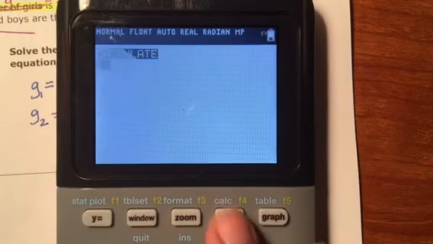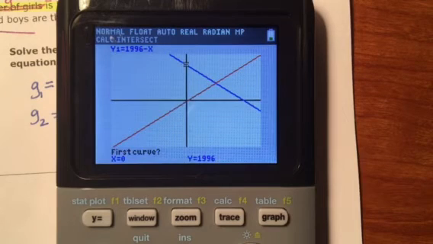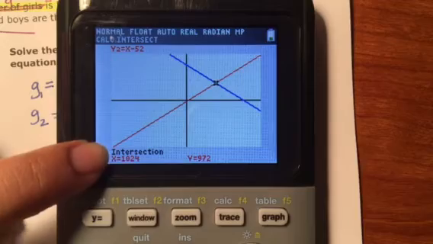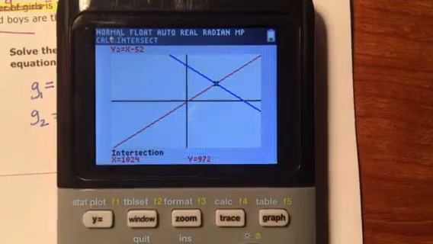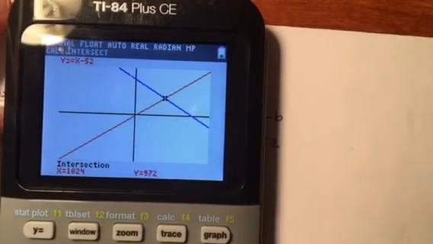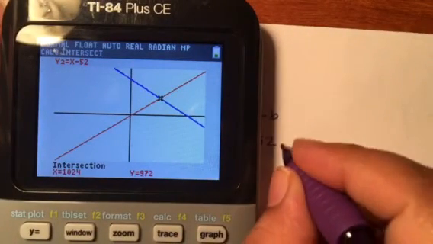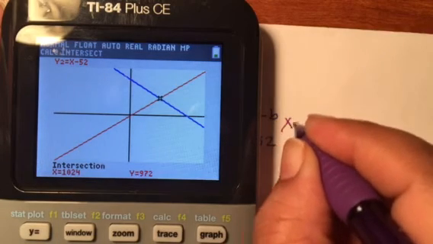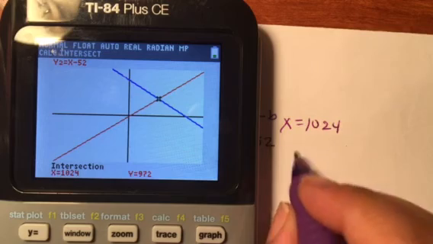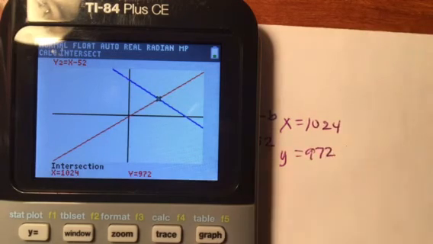Okay, second trace, we're looking for the intersection. When we press enter, we're looking for this word to say intersection. Here our intersection is, let me get this where I can see it. Our X is 1024 and our Y is 972.